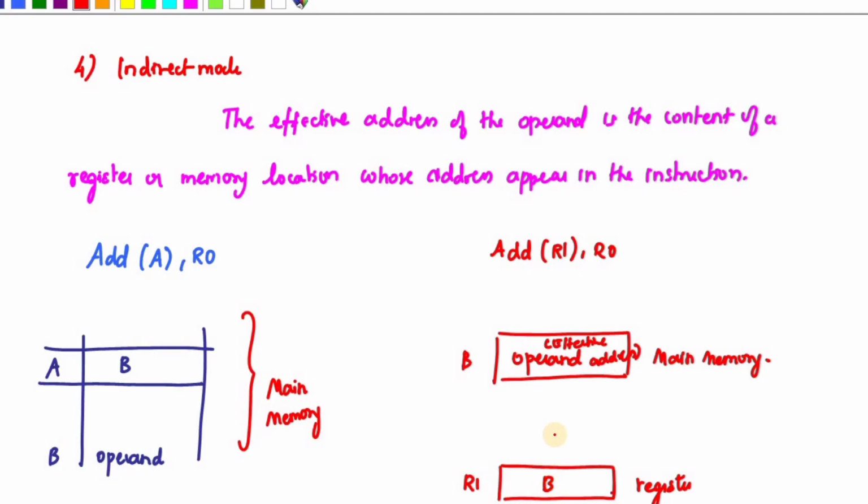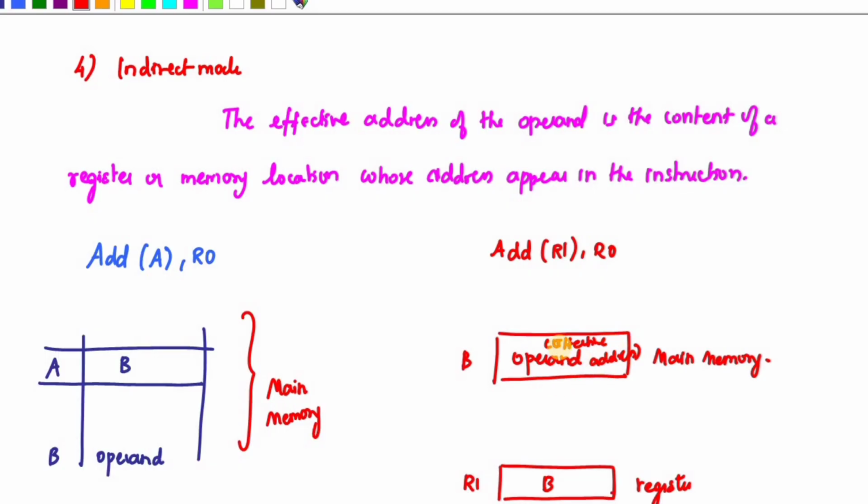First it requires a read operation from the memory to read the content of location B. This is my general purpose register and this is my main memory. The content of the memory location is the operand.